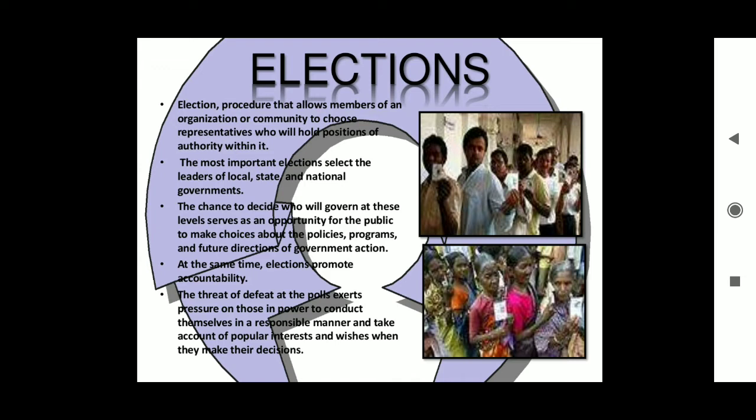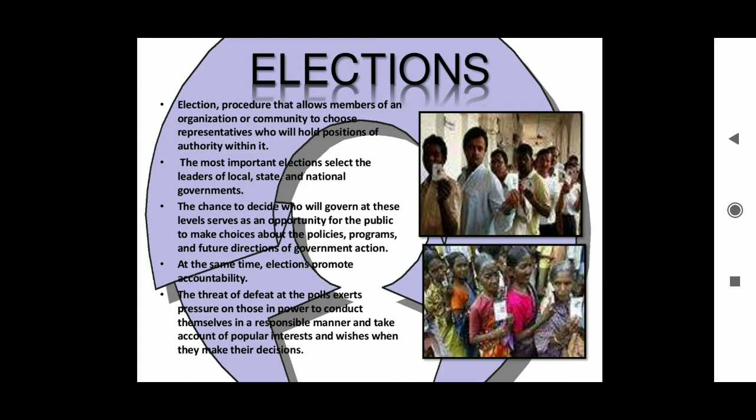Second thing is that elections are the most important selection of leaders at local, state, and national government. The people decide who will govern the country. The people will decide who will be the leader of the governments at different levels.